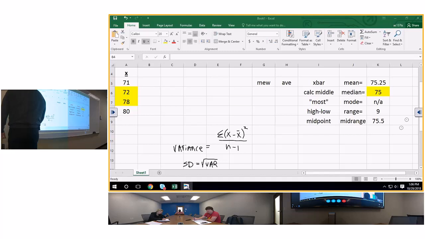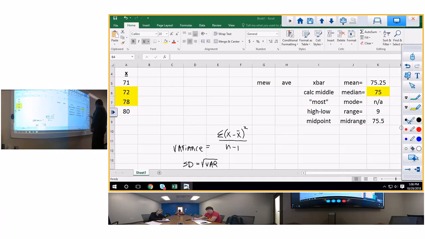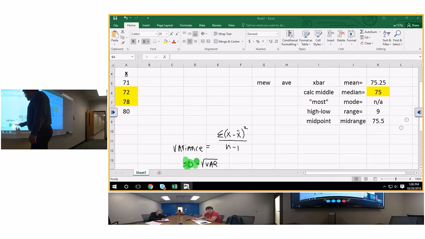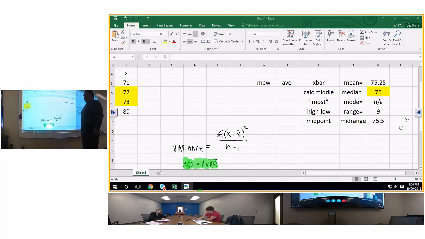Now it's very important that you understand that last statement, because I don't care what section you're in with statistics. I don't care if you're in advanced statistics or if you're in introductory level. The standard deviation is always the square root of the variance.